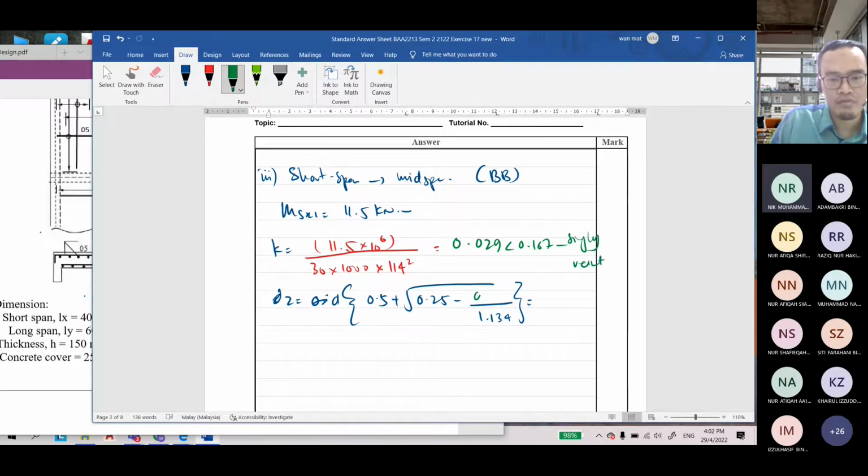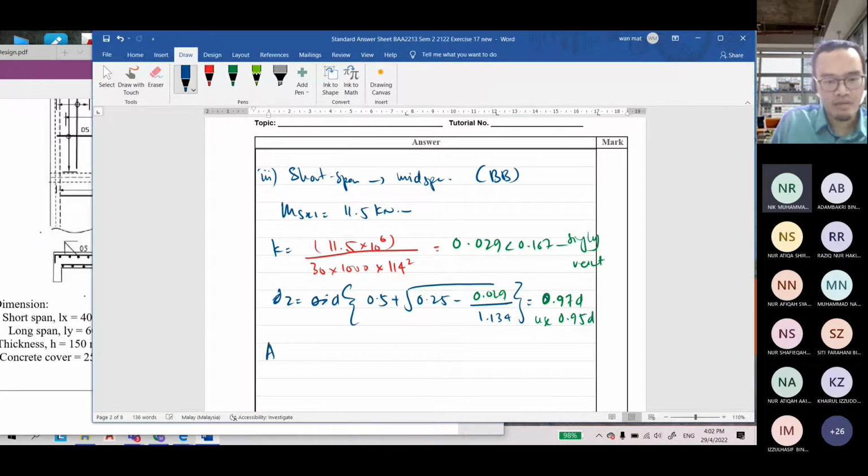So 0.029. What is the value here of Z? 0.97 d, so you use 0.95 d.